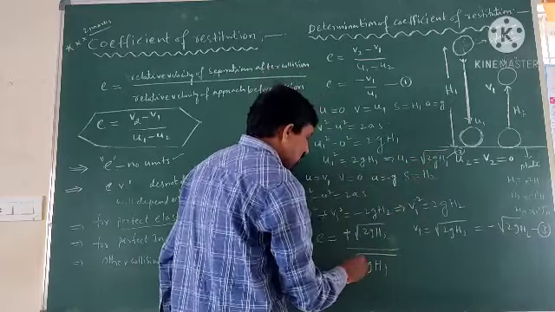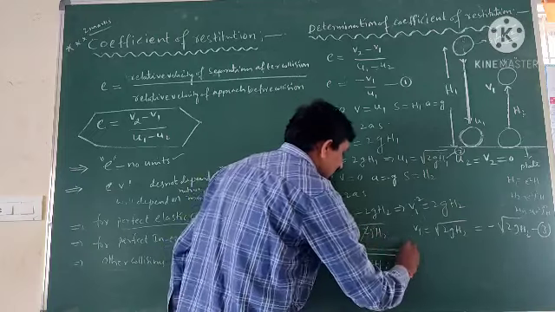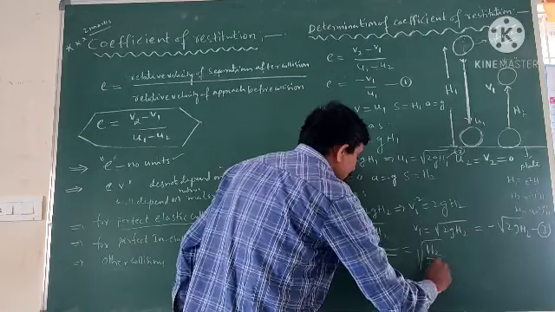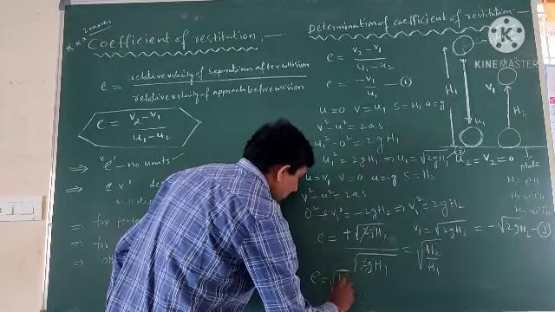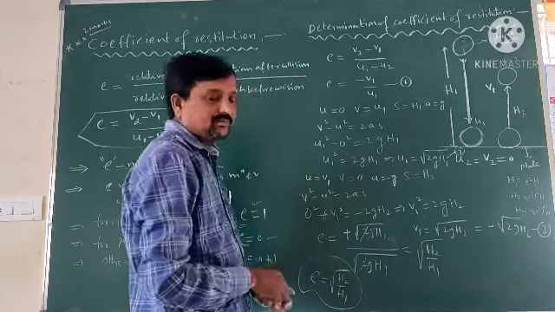Here 2 gets cancelled, g gets cancelled. Finally we have e is equal to under root of h2 by h1. This is called the coefficient of restitution. This formula is used for solving the problems.